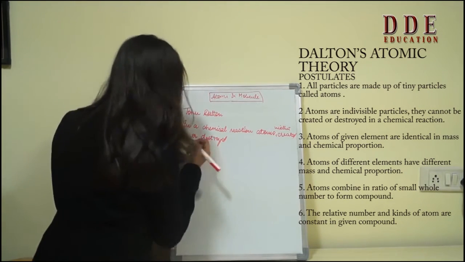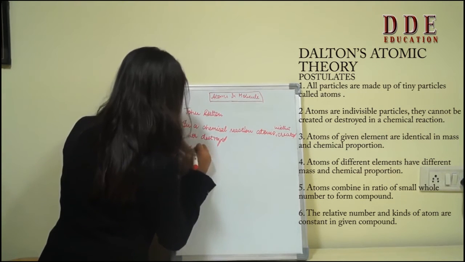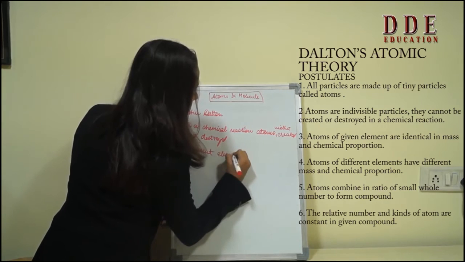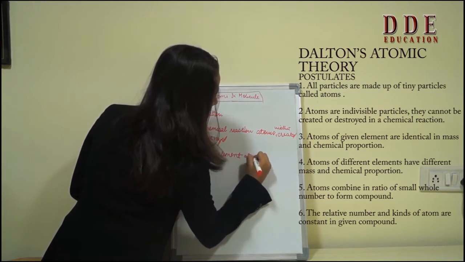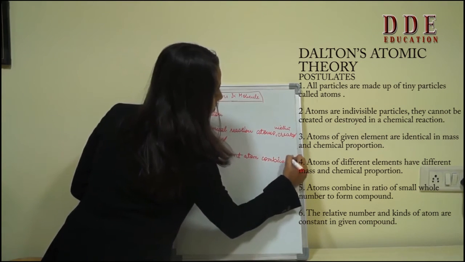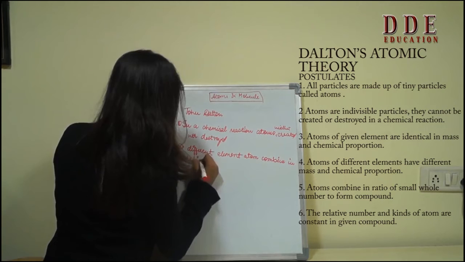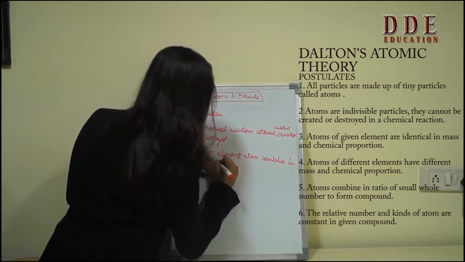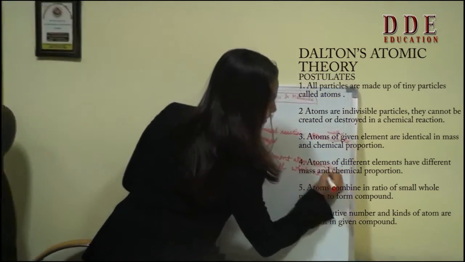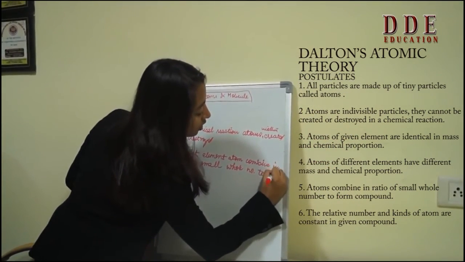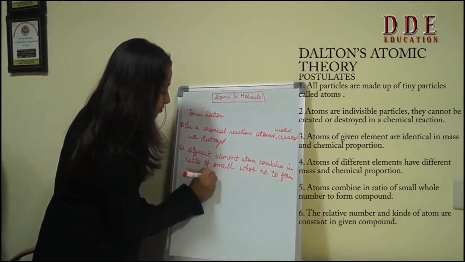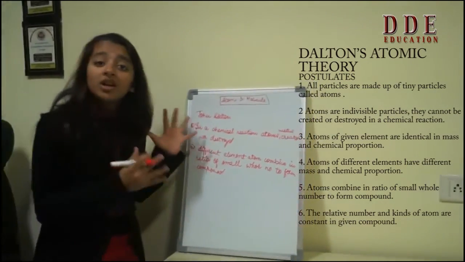And I'm going to write it: elements, atoms, combine in a ratio of small whole numbers to form compounds. This was one of his postulates.